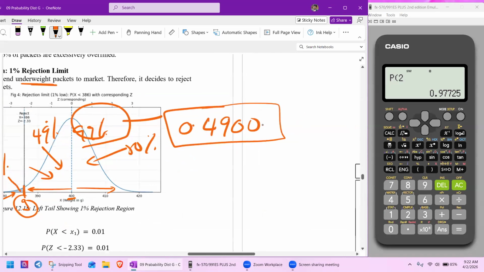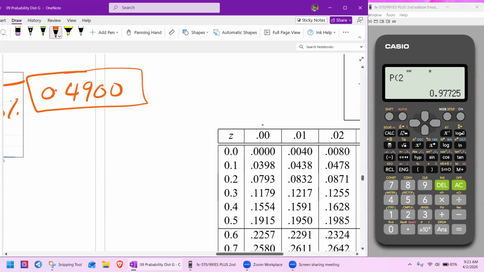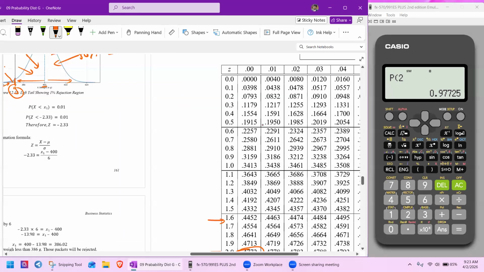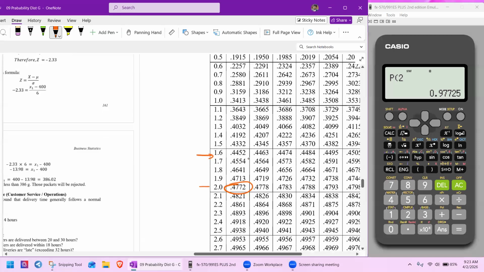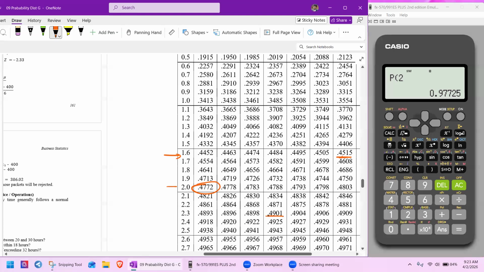Now we will trace where 49% is in the table. Look here, 49, 49, yes, here is 49.